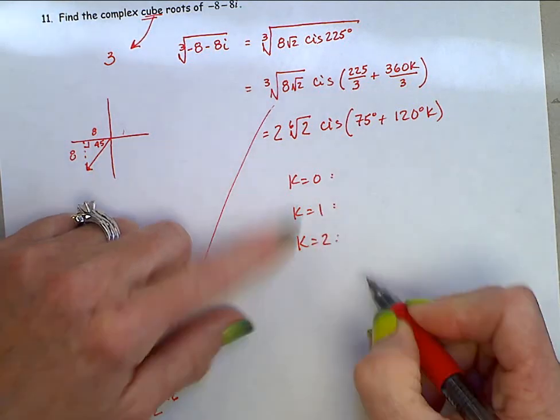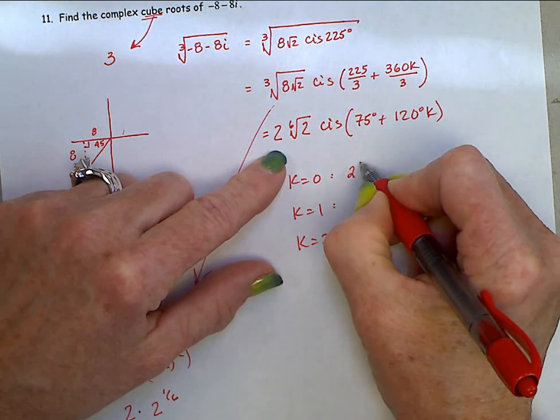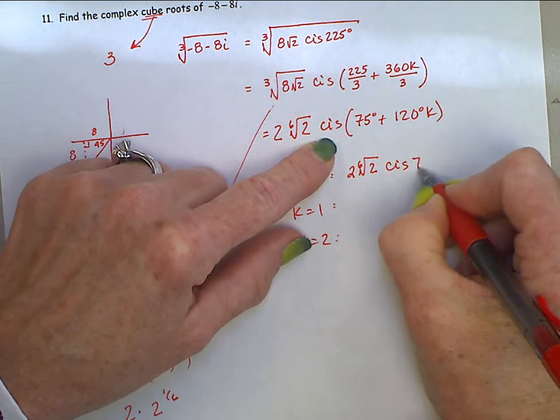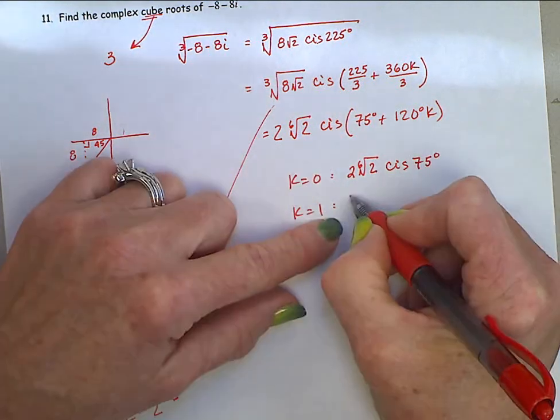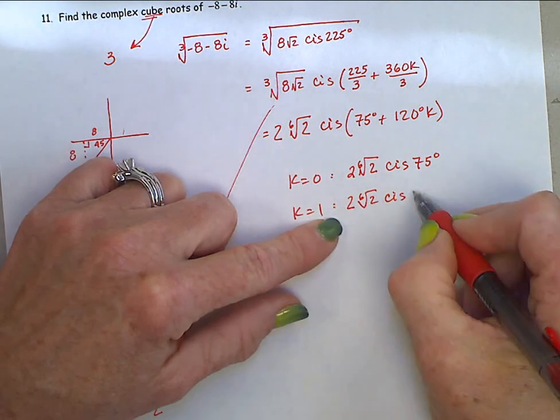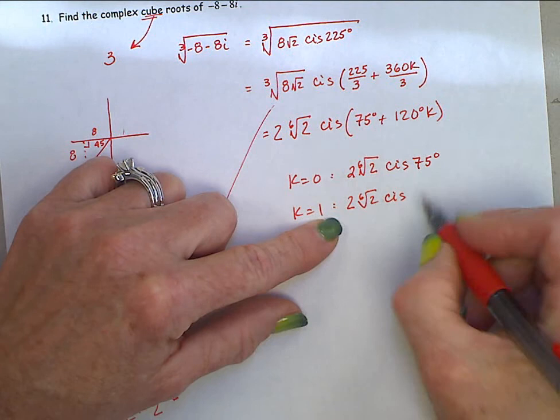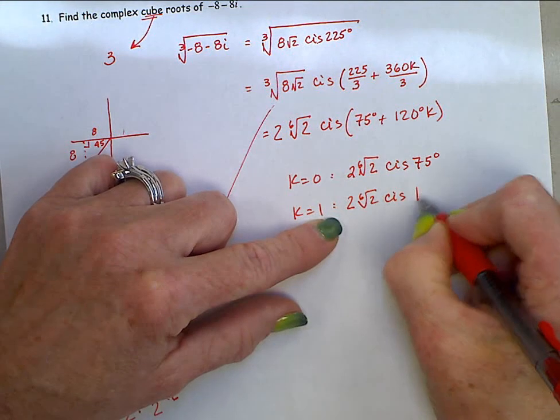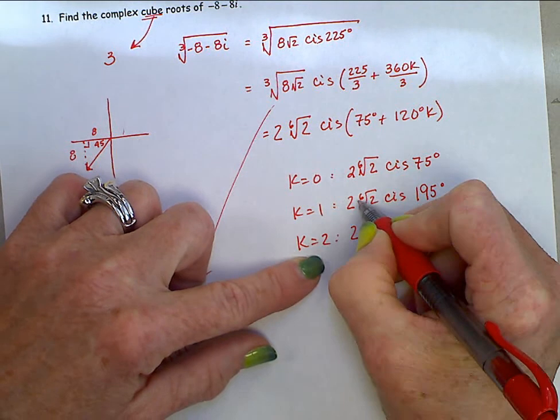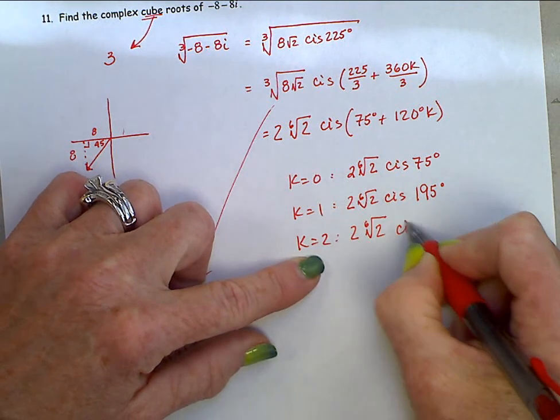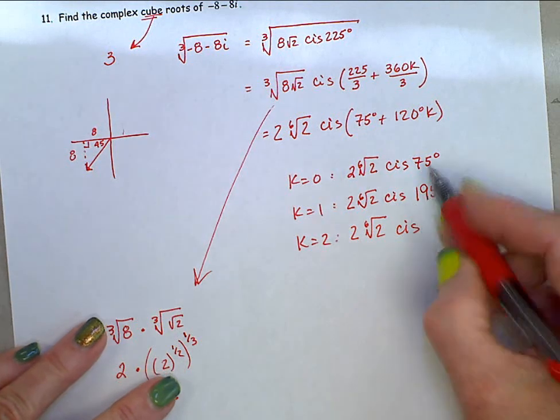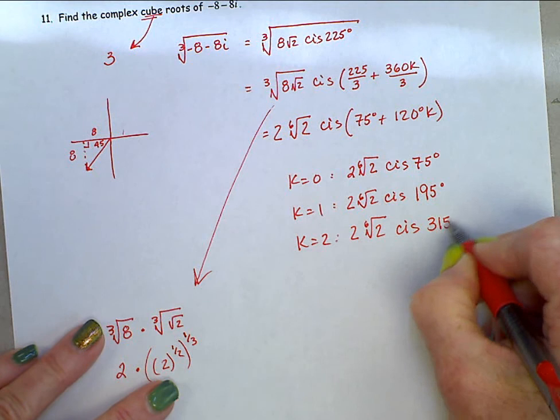If k is 0, we have 2 times the 6th root of 2, cis 75. k is 1, cis 75 plus 120, so that's 195, and then 2 times the 6th root of 2, cis, we're just adding on another 120, 315.